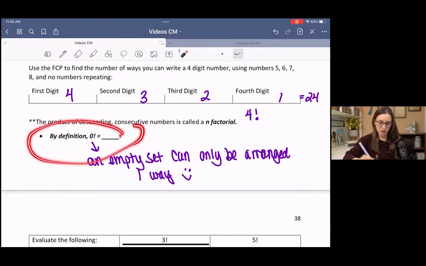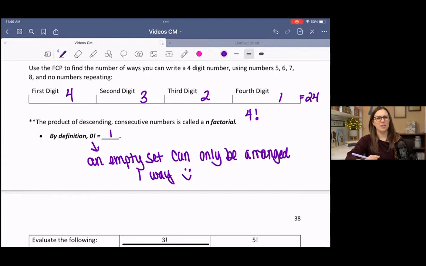By definition, 0 factorial is 1. And this might seem counterintuitive because 0 times anything is 0. But if we're talking about the number of ways that something can be arranged, like the 4-digit number, how many ways 5, 6, 7, 8 can be arranged, then if we have nothing being arranged, there's only one way we can arrange that. And so by definition, 0 factorial is 1.